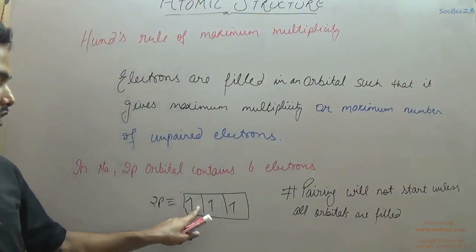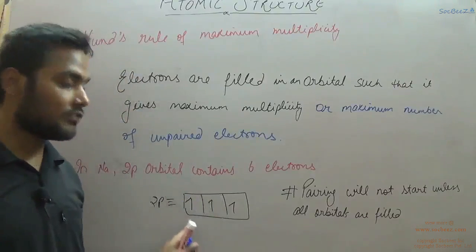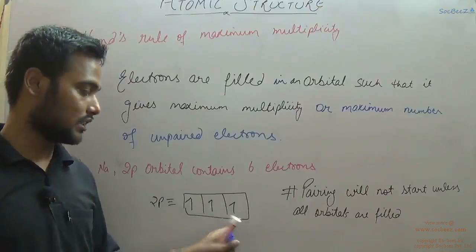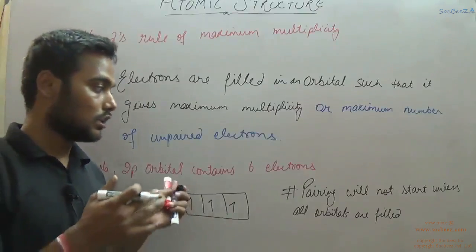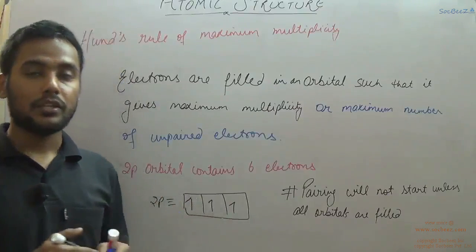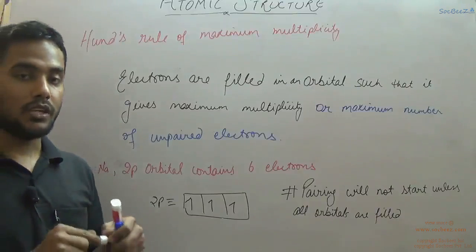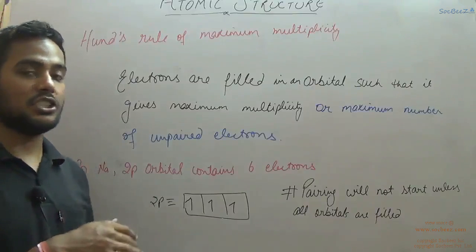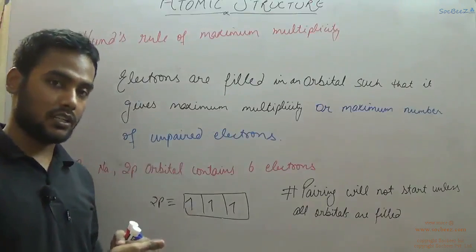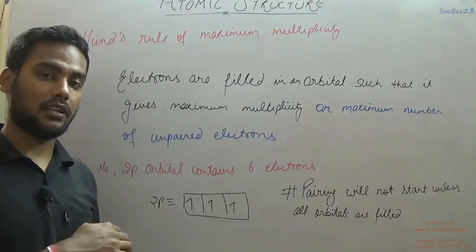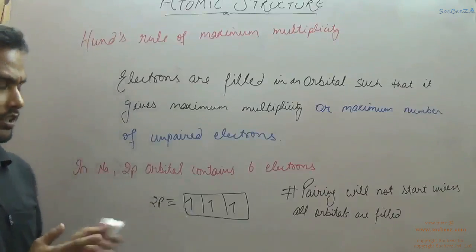Now there is a catch here. Half filled orbitals or fully filled orbitals give extra stability to the atom. For example, in the case of chromium we see that the electron jumps from the 4s orbital to the 3d orbital, so that all the electrons are unpaired. We'll see this later while writing the electronic configuration.